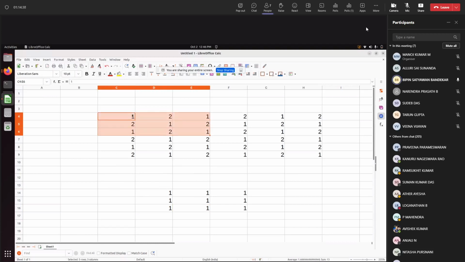It will be the summation of all of this, element-wise multiplication summation. This is your filter, and this multiplied by this.